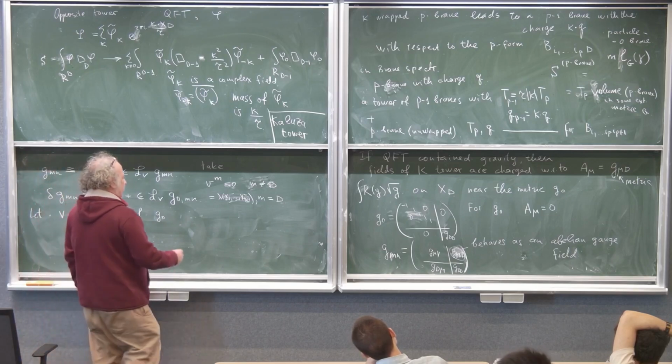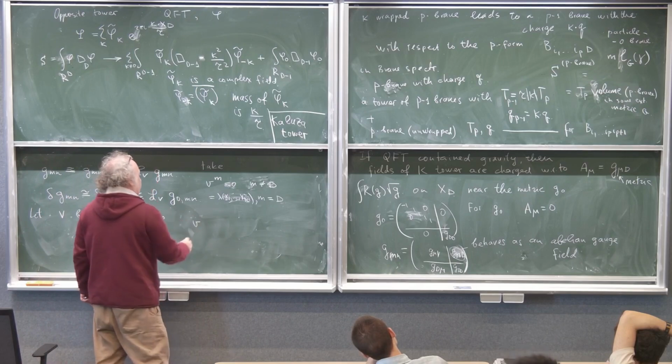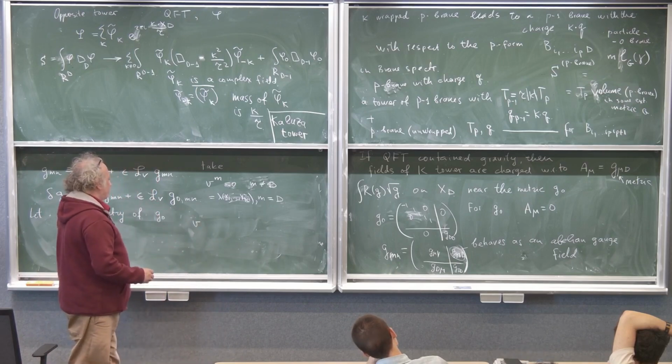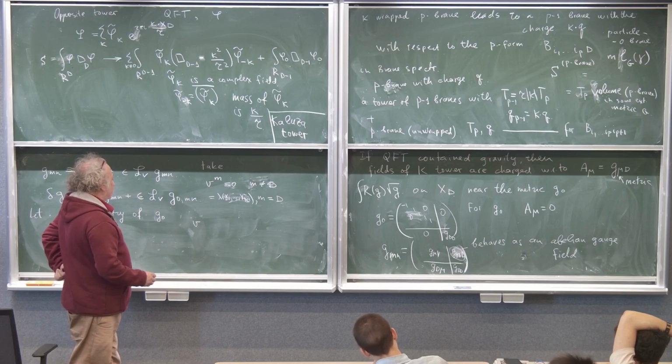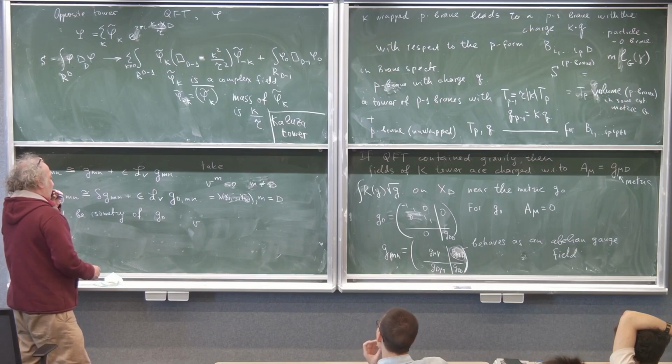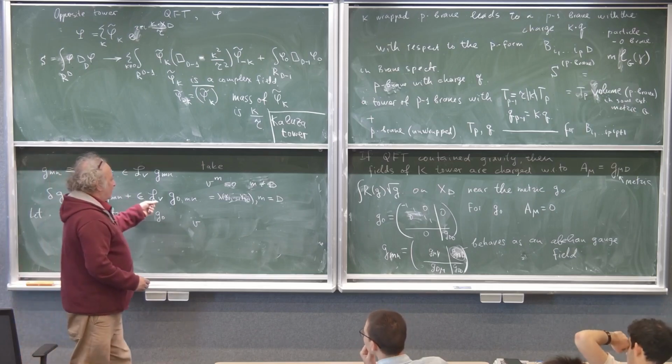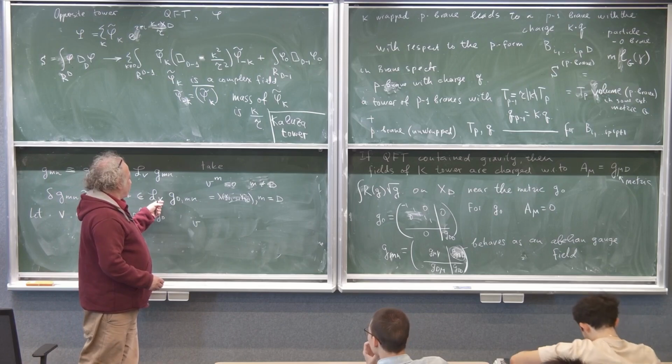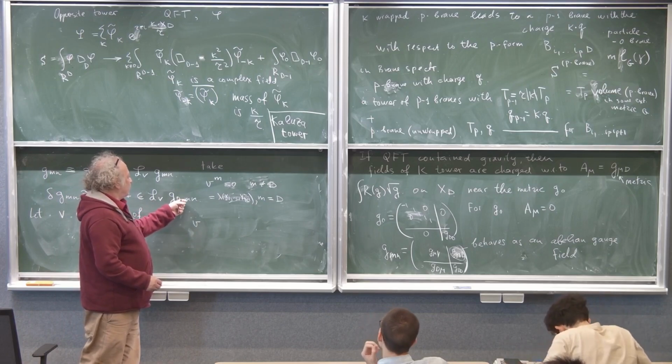So we know the transformation rules. Transformation rules say that in this particular case, we differentiate g naught.